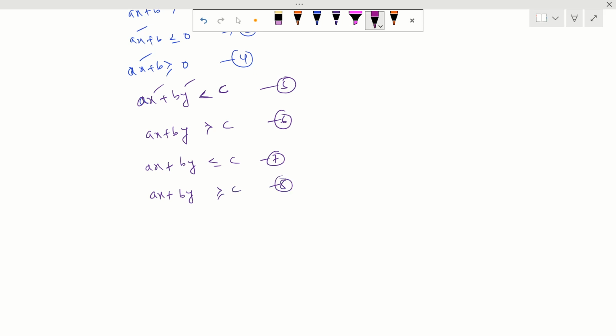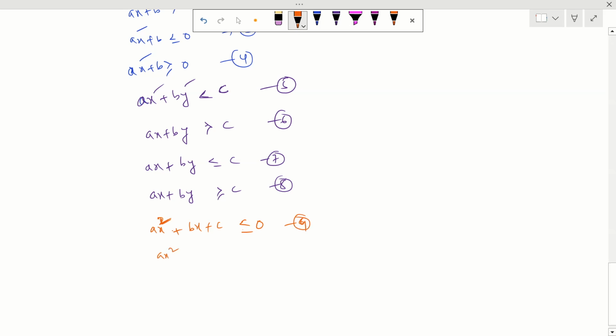And now I will write the other expressions, non-linear, right? Non-linear, where x square is there. Other than degree 1, these are non-linear, ax square plus bx plus c less than or equal to 0, this is equation number 9.